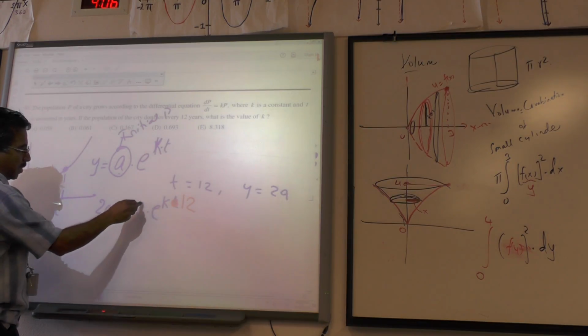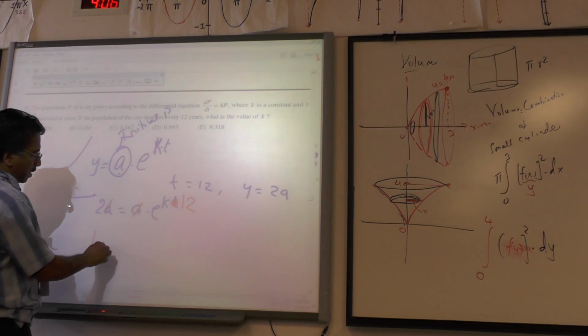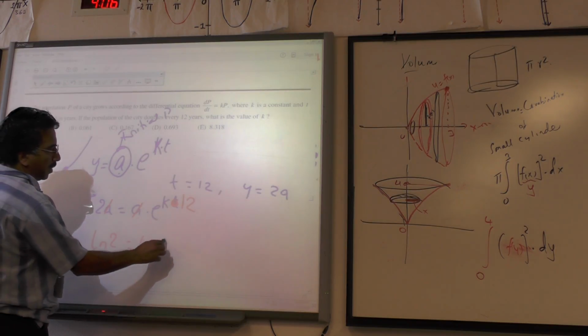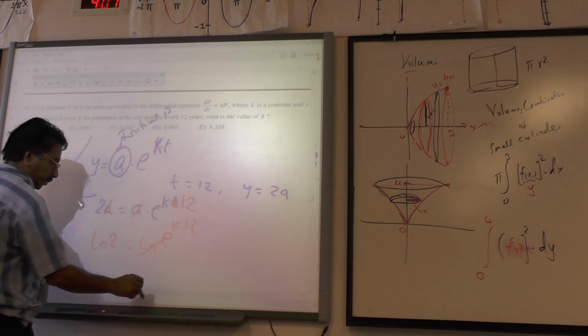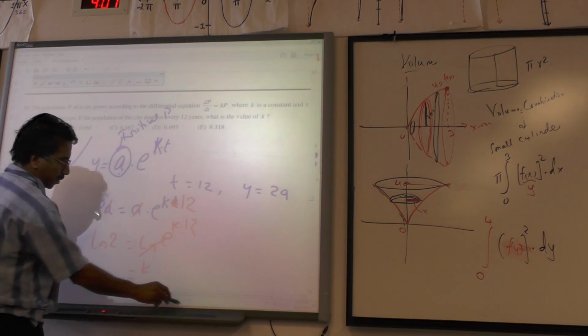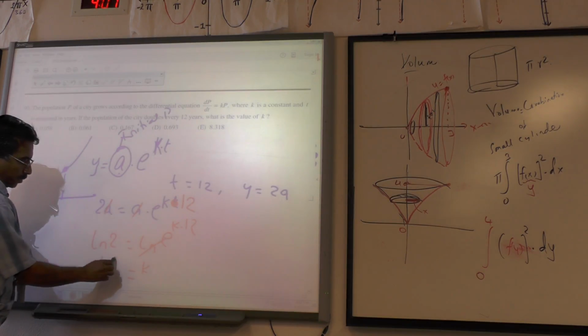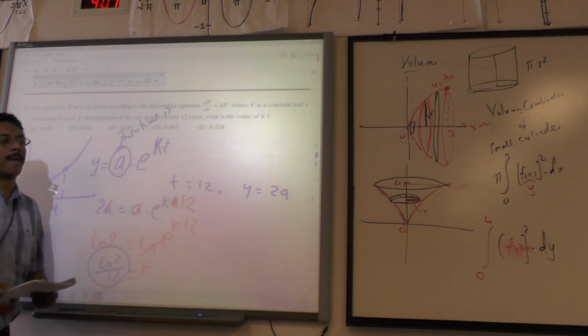You will see that a crosses out, you get 2, and you take ln on both sides. ln 2 is ln of e raised to k times 12. This crosses out, you get ln 2 divided by 12, k equals ln 2 over 12. You get the same thing.